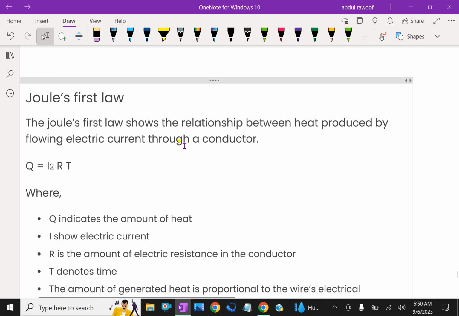Now, Joule's first law. Joule's first law shows the relationship between heat produced by flowing electric current through a conductor.